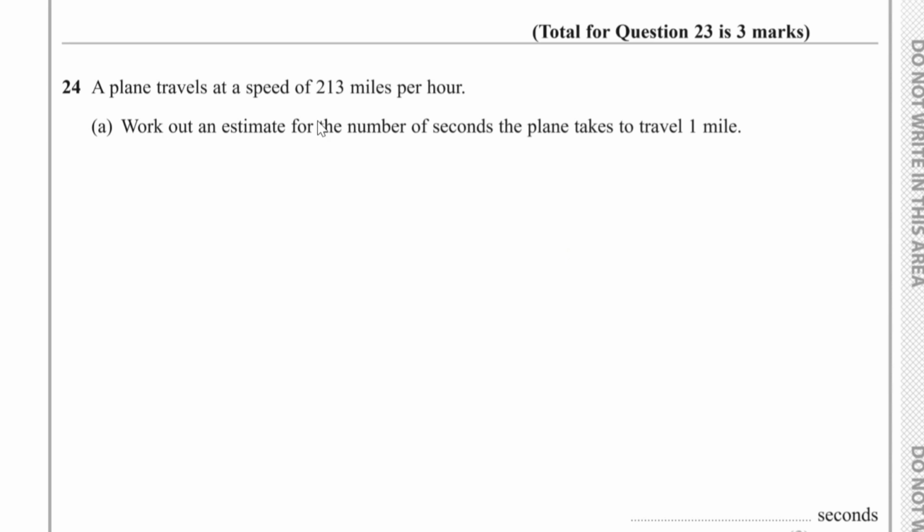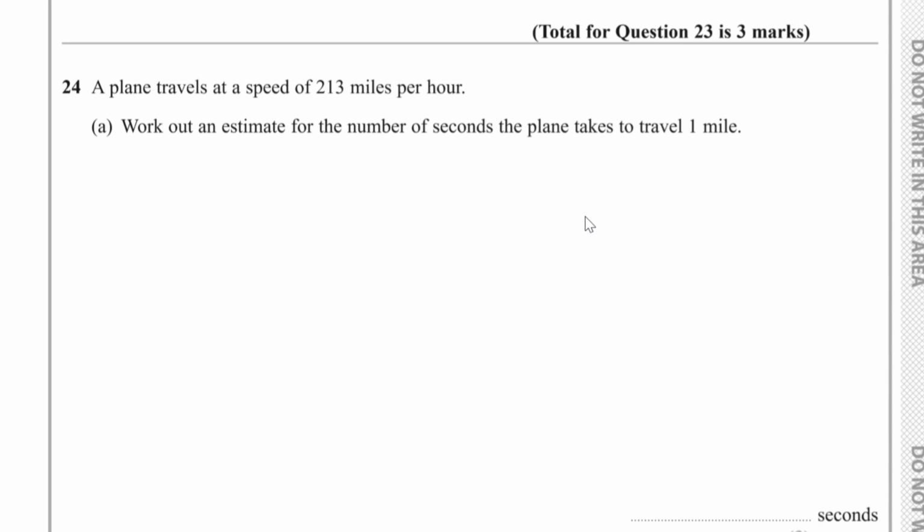Question 24. A plane travels at a speed of 213 miles per hour. For part A, we have to work out an estimate for the number of seconds the plane takes to travel 1 mile. Well, we've got speed and we've also got a distance, so we can find the time by doing the distance divided by the speed. Now here, we've got miles per hour and we want to find out how many seconds.